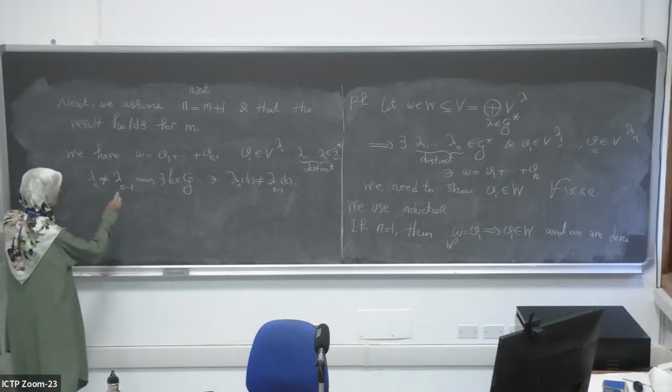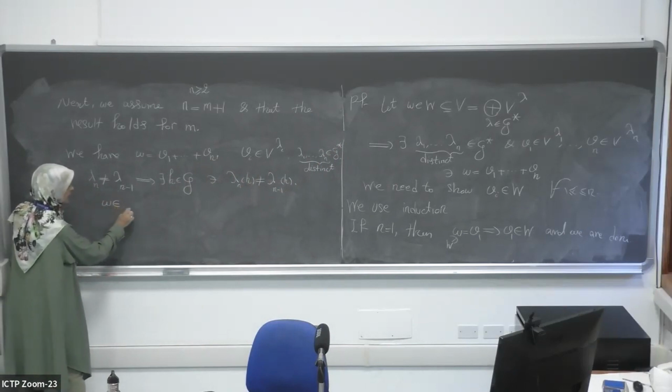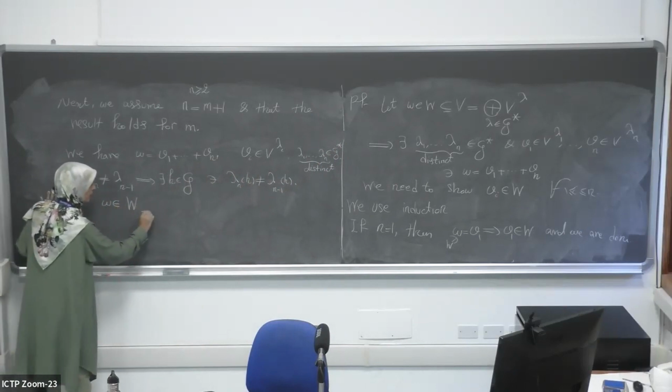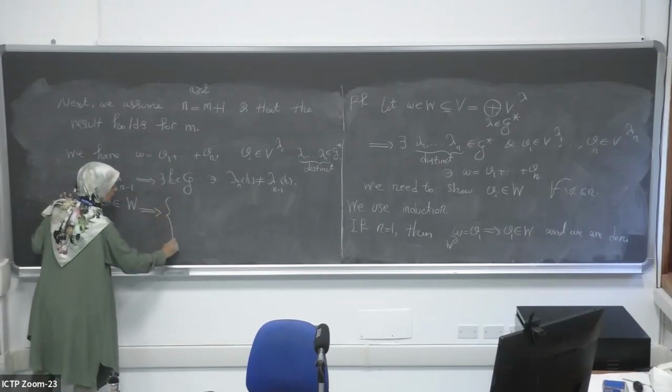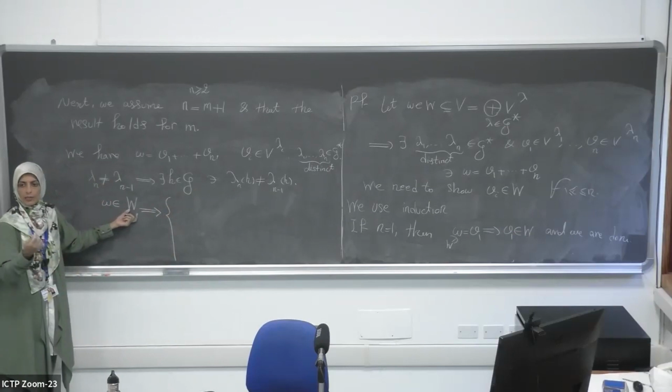Now let's look at this. w is an element of W, and W is a submodule. So W is a subvector space and also preserves the module action.